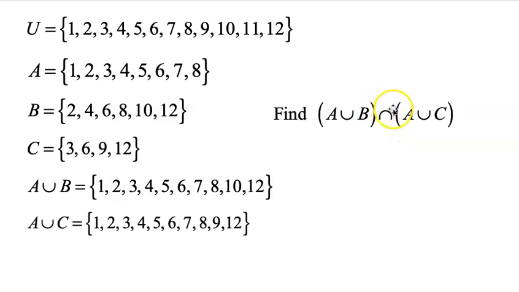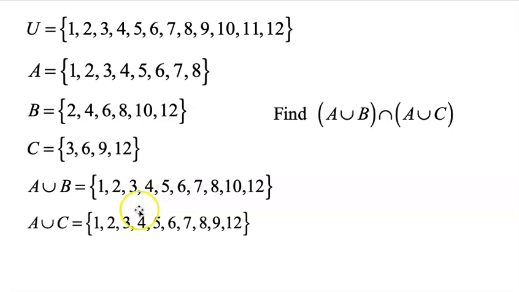And we're going to finish this by taking the intersection of these two sets. So let's go item for item to see who is in both sets. Remember, to be in the intersection, you must be in both sets simultaneously. 1, yes. 2, yes. 3, yes. 4, yes. 5, yes. 6, yes. 7, yes. 8, yes. 10, no. 9, no. 11 is missing in both. 12, yes.